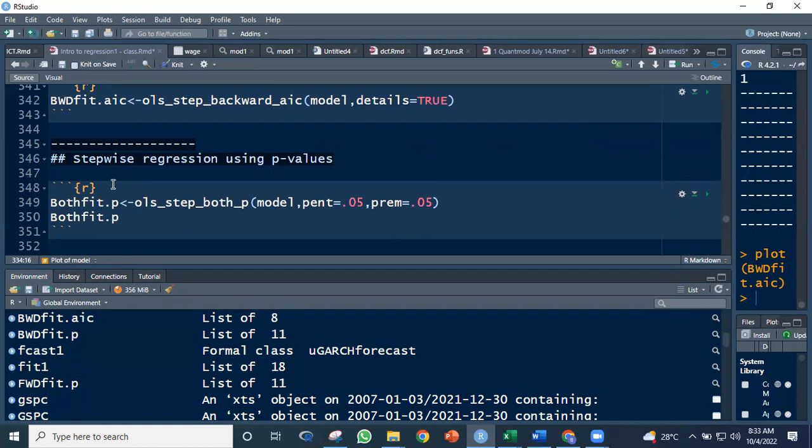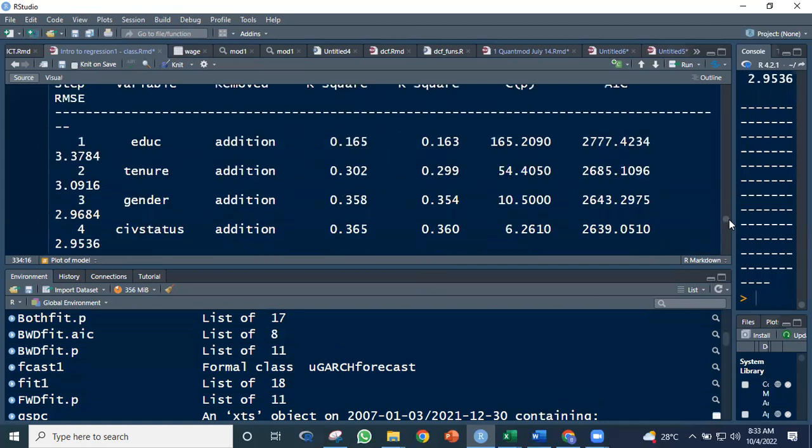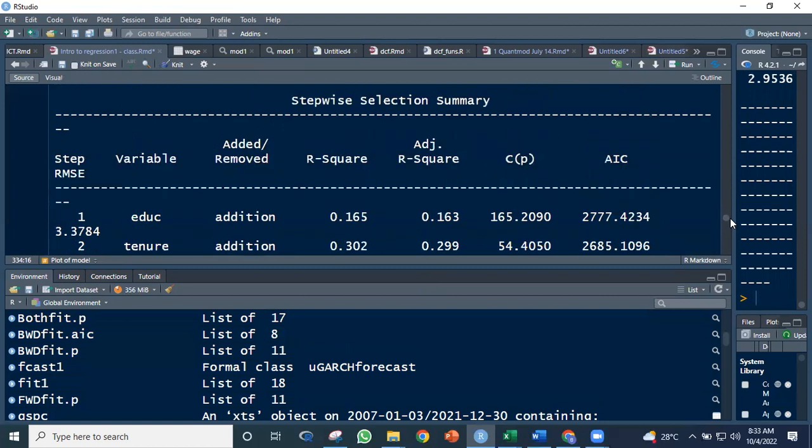So we can also use both fit. This both fit, class, is like a combination of forward and backward. So let's do this. Okay. So the both fit is similar to forward. But in forward, if you enter a variable, it cannot be removed.